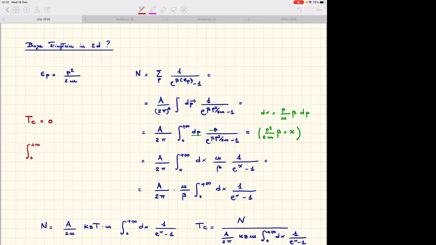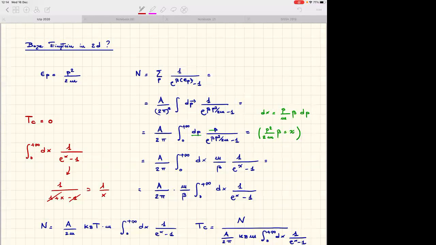The integral from 0 to plus infinity dx of 1 over e to the x minus 1, of course, is convergent for large x, but it's not convergent for small x in the infrared, because if you expand close to x equals 0, the integrand is equal to 1 over 1 plus x minus 1. So it's essentially going like 1 over x, and the integral of 1 over x is not convergent, a logarithmic divergence. Okay?